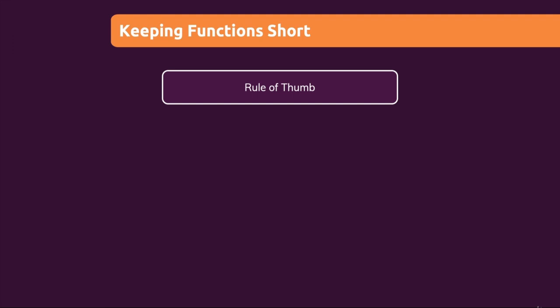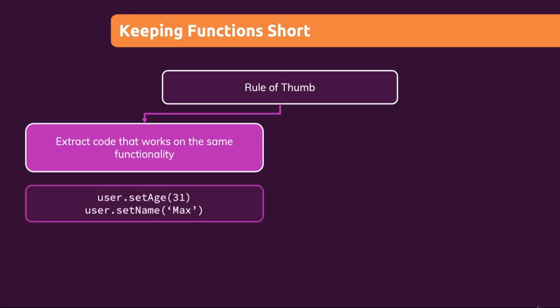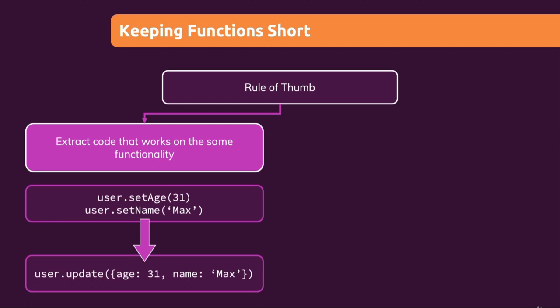You want to split a function, or at least consider breaking up a function into multiple functions, if you can extract code, multiple lines of code, that work on the same functionality. For example, if you have a function which calls both setAge and setName, you could consider merging this into one new function, or a new method in this case, which you outsource from that function in which it was originally.